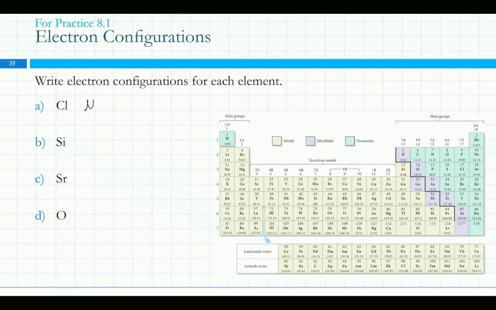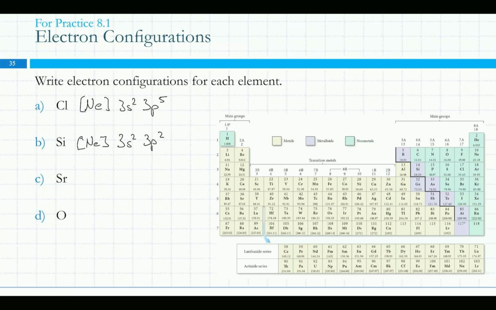I guess I'll write these in just quickly. So chlorine in the third row should be neon, 3s2, 3p5. Silicon would also do neon, and then 3s2, 3p2.